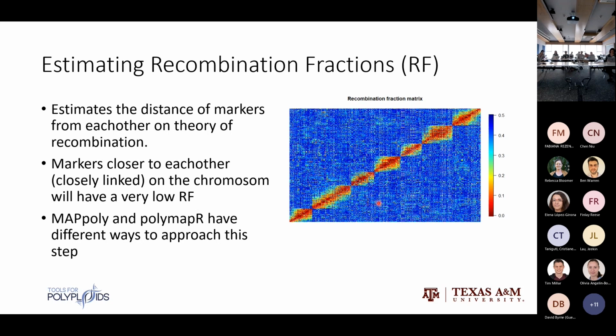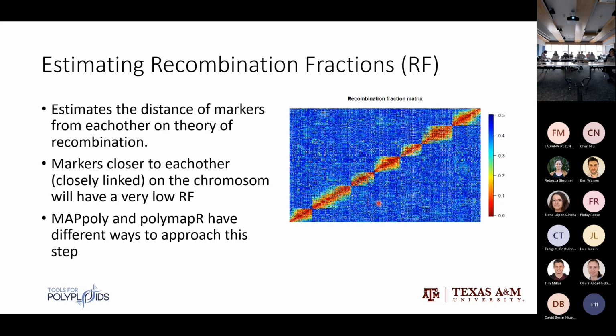Now, MapPoly takes another approach. They just say, okay, let's calculate all the pairwise between all marker types. So if you are working at an institution that does not have high performance computing, then you may have to do a little more tinkering and use PolyMapR, because you could typically run that on a laptop with 16 gigs of RAM and typically be fine.